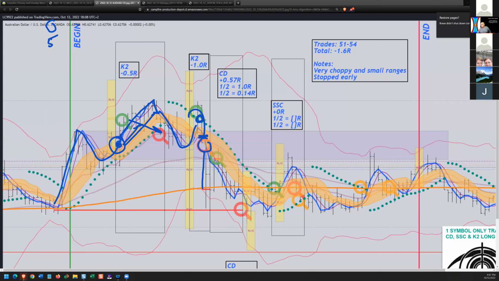Now, when you get that much in hand with a wrist box or something like that, or even, let's see, where's the R10 that you have? Yeah, your R10 is here. You get more than one R in hand, and this thing reverses, and we only keep a little bit. That's painful to your psychology.